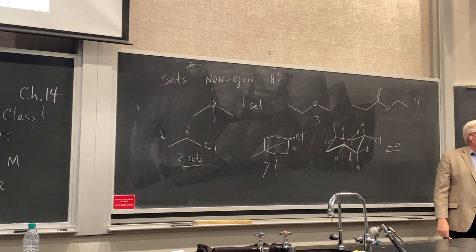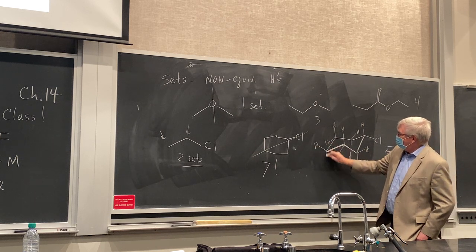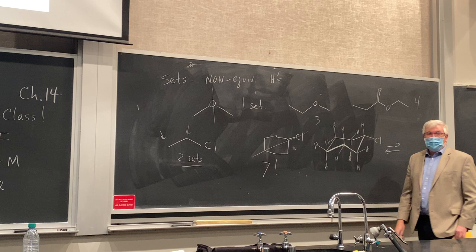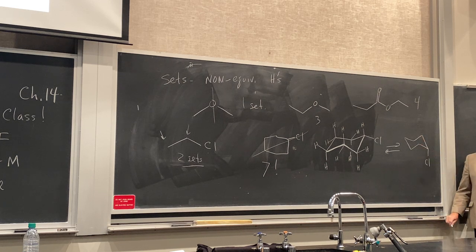Do you see where we get 7 now? Yeah, here it is. That one's trans to it. That one's cis to it. Now, like I said, this is a fluxional molecule, so you've also got this other conformer populated in the NMR. And that would be a different set, a different group of signals. And it would broaden these lines.